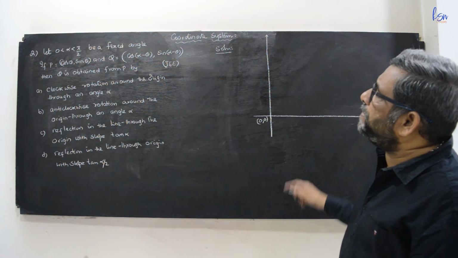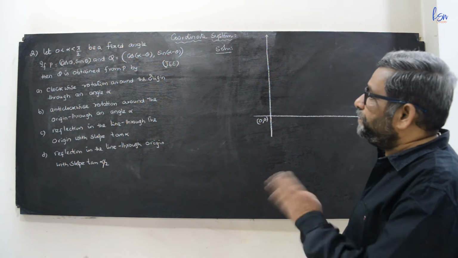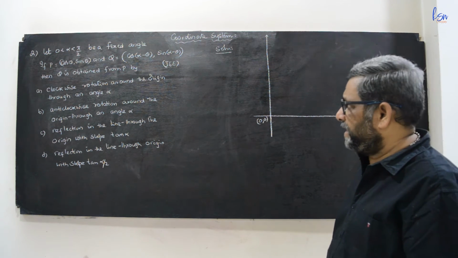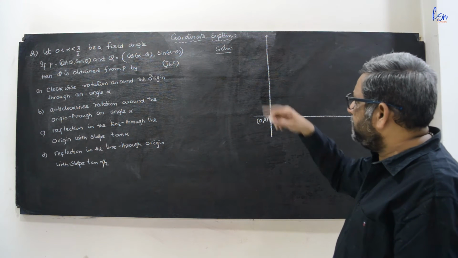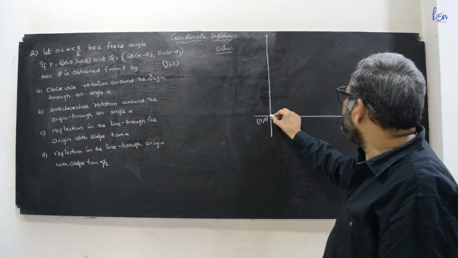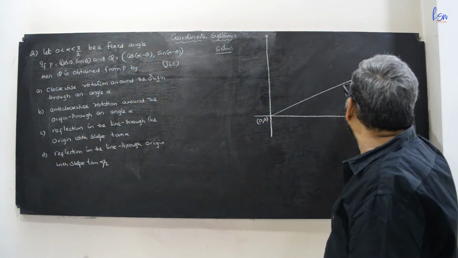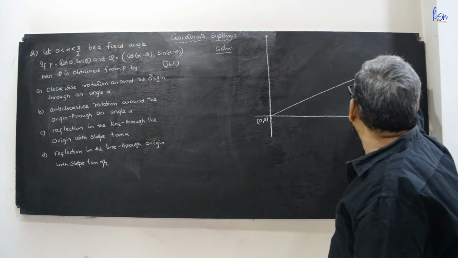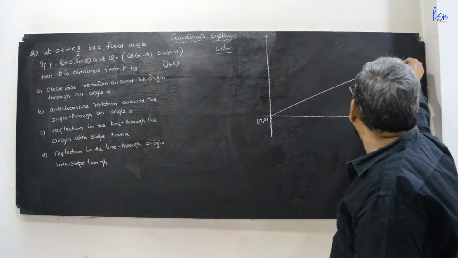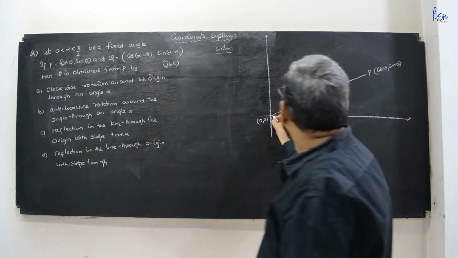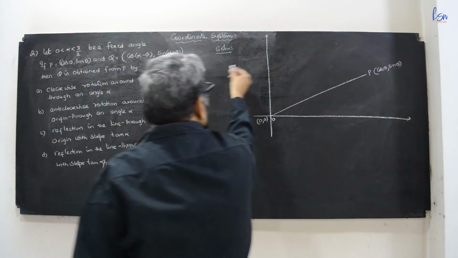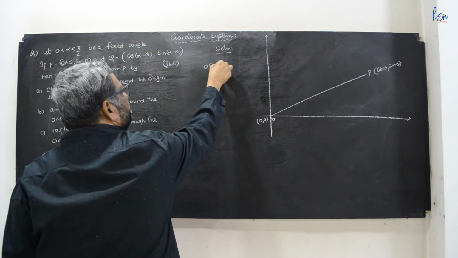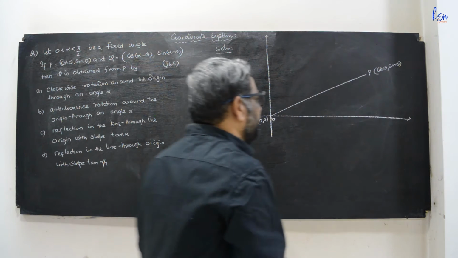P is (cos theta, sin theta) and Q is (cos of alpha minus theta, sin of alpha minus theta). You can take this point P like this, with coordinates cos theta, sin theta. Here this is O, and OP is equal to 1.